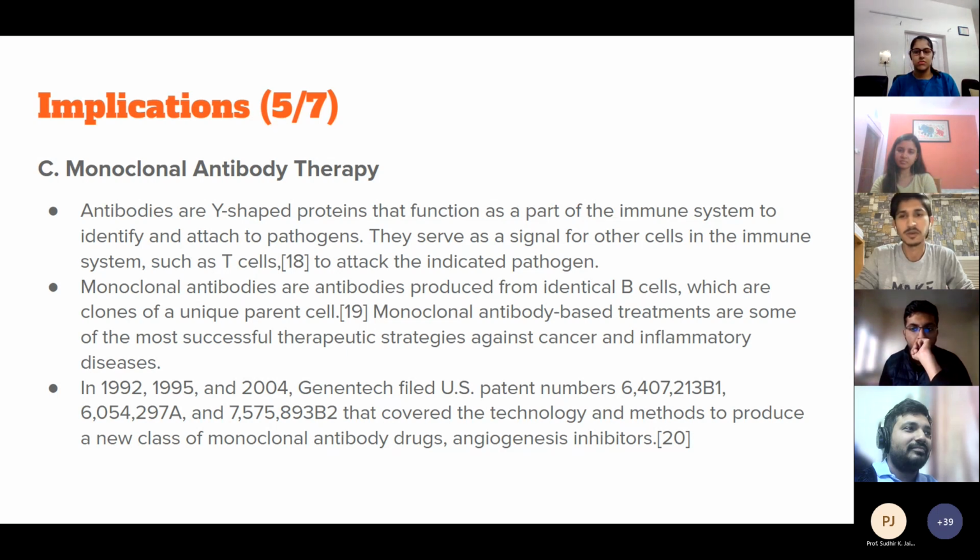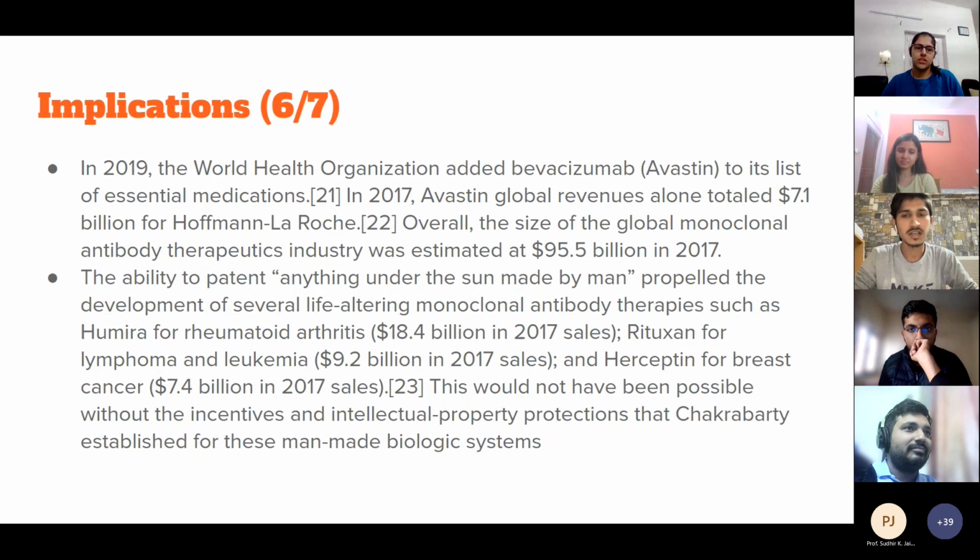Okay, thank you. Moving on to our next slide of implications. If we talk in terms of money and revenue created after this act, it can be seen that the size of the monoclonal antibody therapeutic industry in 2017 was estimated at around $95 billion, which is quite large.